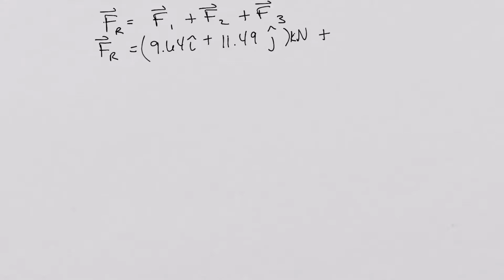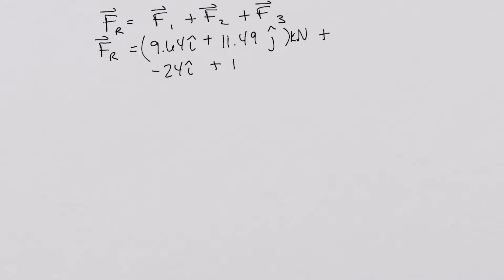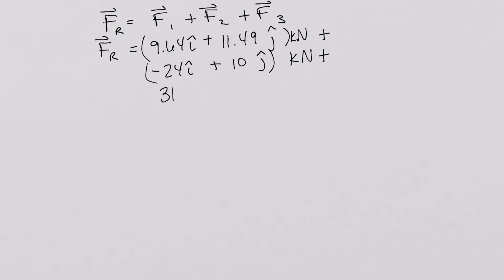And then plus F2, which is negative 24 i plus, I just forgot, 10 j. So this is F2, plus F3, which was 31.18 i minus 18 j. That's also kilonewtons, so that was F3.